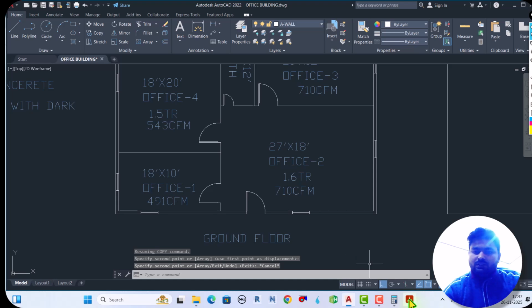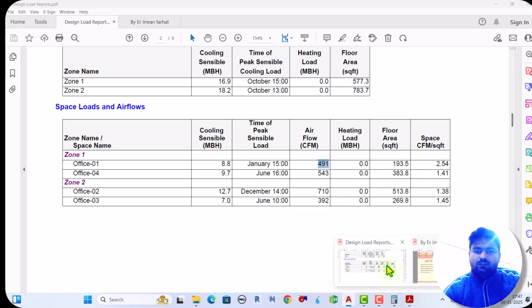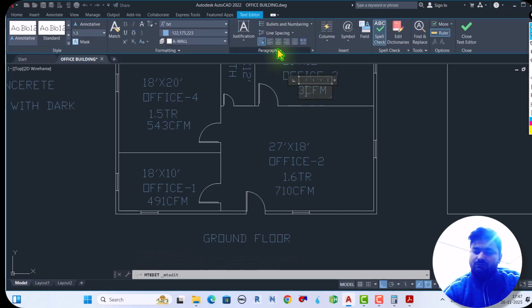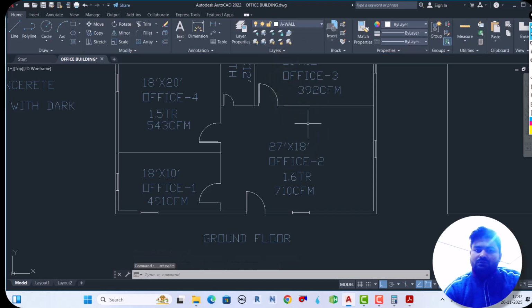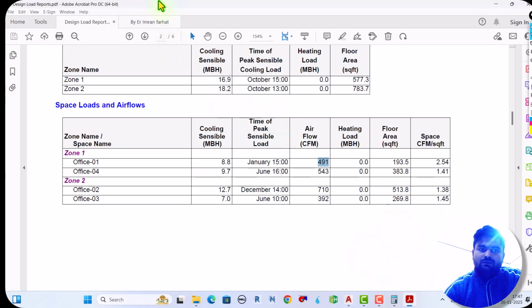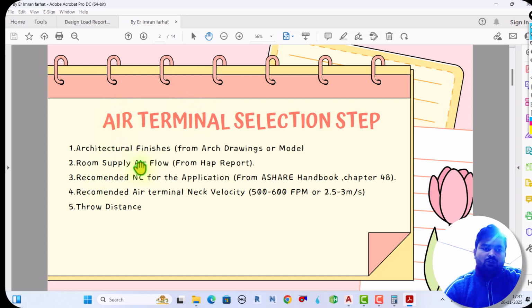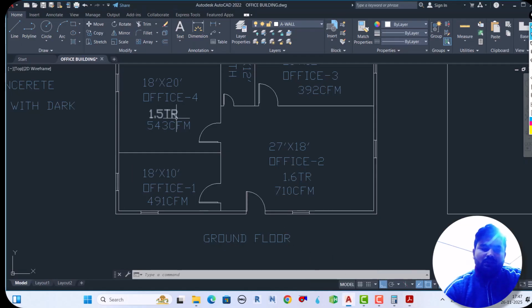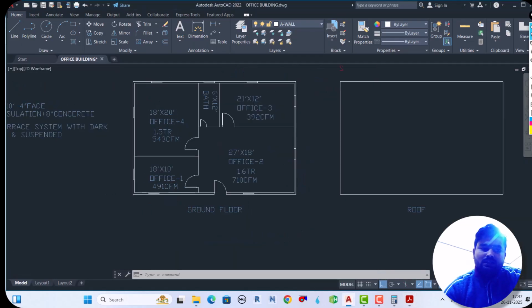And office 3 is how much? 392. Okay, so see, room supply airflow from HAP report, we already mentioned from HAP report all the spaces airflow.